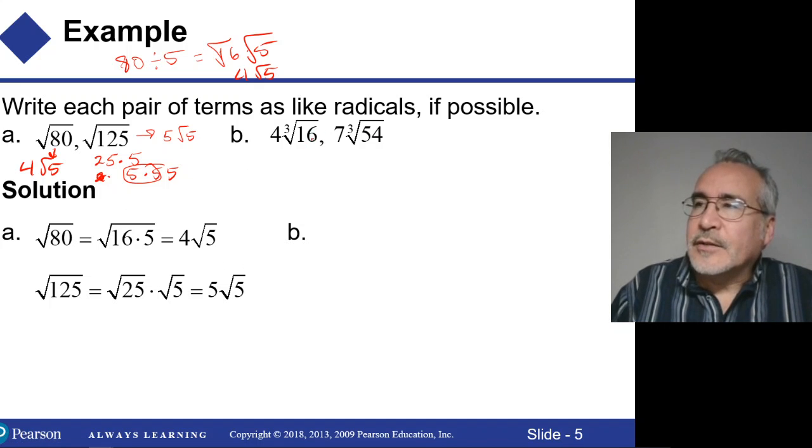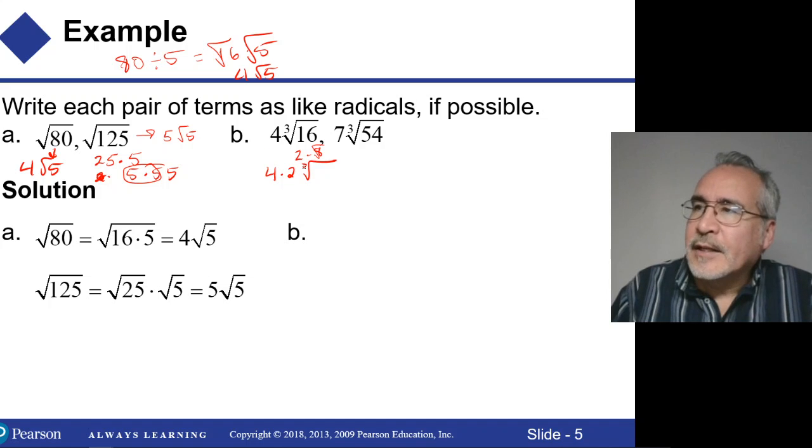Cube roots. So over here, I know 16 is 2 times 8. 8 is a perfect cube, so cube root of 8, 2 will come out, so I got 4 times 2 on the outside, but a cube root of 2 left inside. So to get them to be like, I need to have a cube root of 2 in here. So let's see what happens when I divide 54 by 2. That's 27.